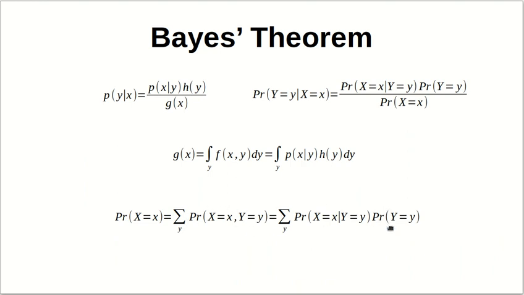It's the prior for a specific model times the conditional probability of the data given that model, and then a summation over all the different models. So here we are using y to represent the model and using x to represent the different observations or data.